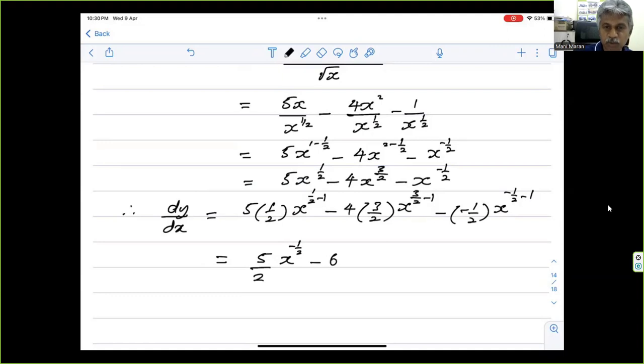Okay, 4 divided by 2 will give you 2, times 3 will give you 6, 6 x to the power of half, minus negative will give you positive. So this will give you half x to the power minus 3 over 2.